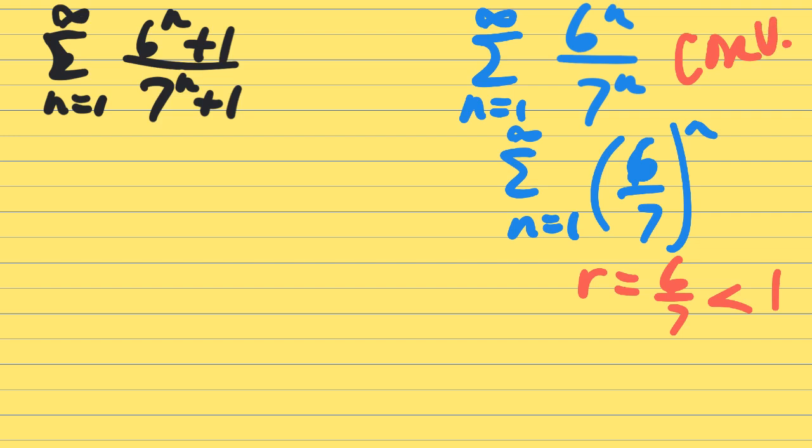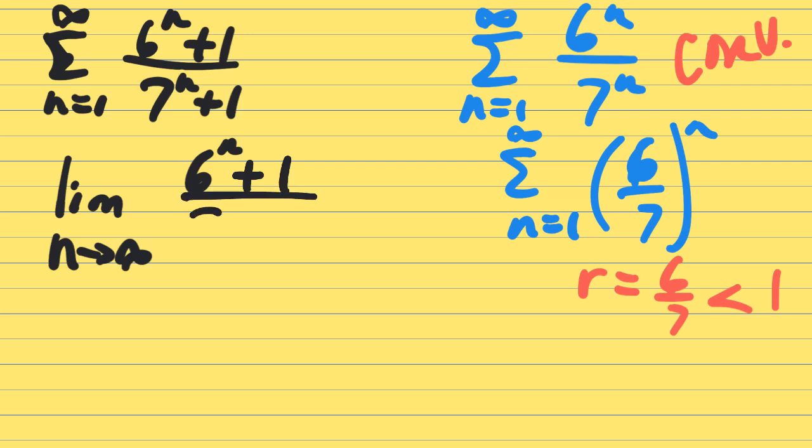Limit comparison says it's okay, and it fits the bill for limit comparison test, is we could do the limit as n goes to infinity of the original over the one we built.